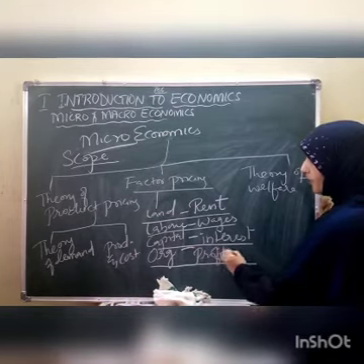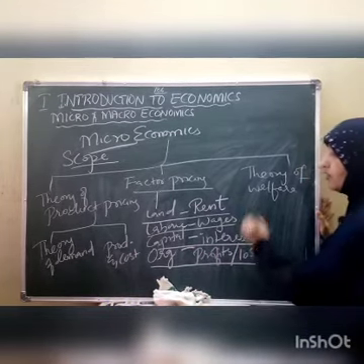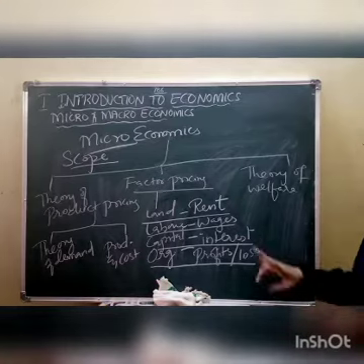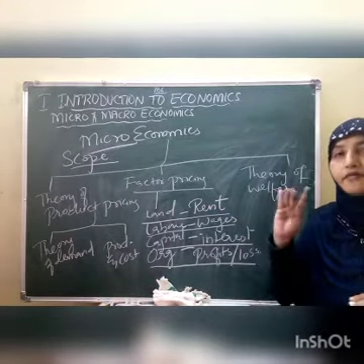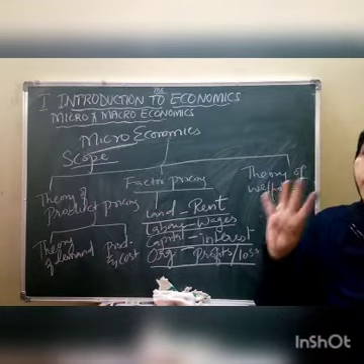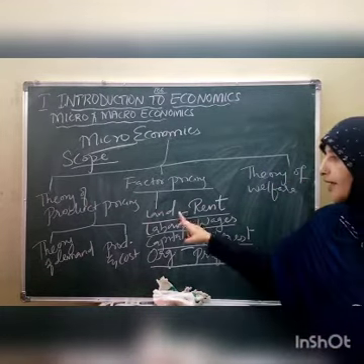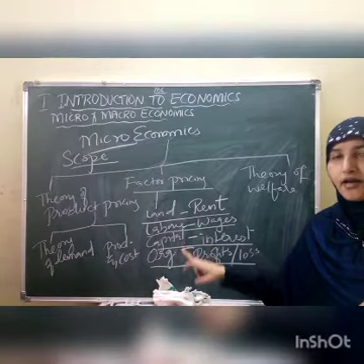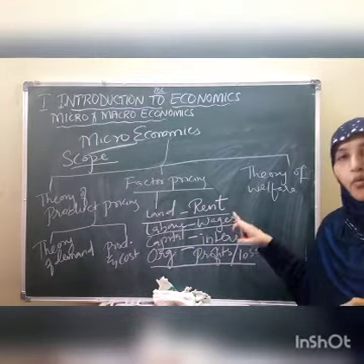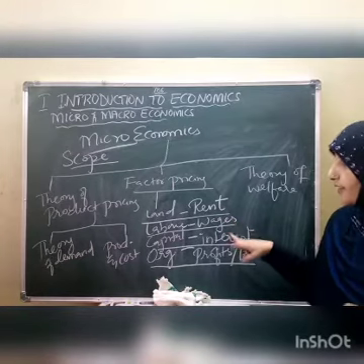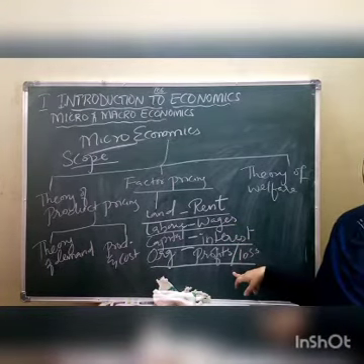He gets profits or loss. So this we call factor pricing. That means the price that we pay to the 4 factors of production: land, labor, capital and organization. To them we pay rent, wages meaning salaries, interest and profits.